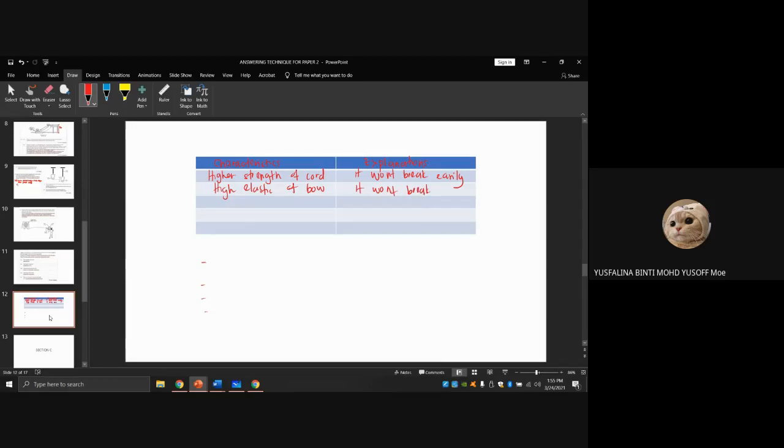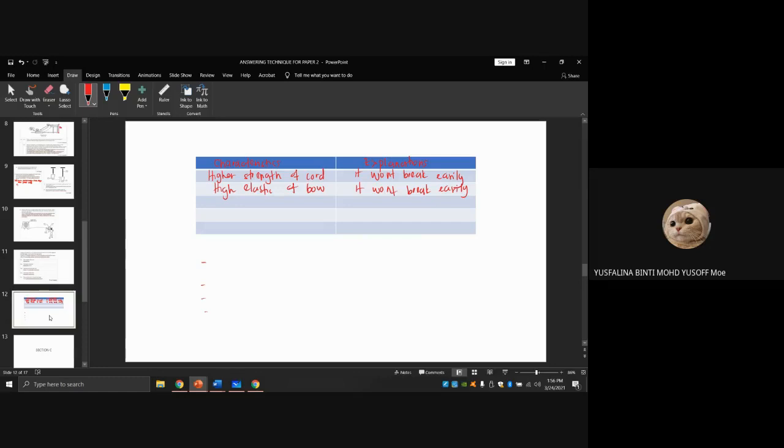You can use the same explanation more than once, but not more than twice. Only twice, you can use. For the explanation, you can use the same explanation twice. Able to sustain the stress when the cord is pulled, also can.